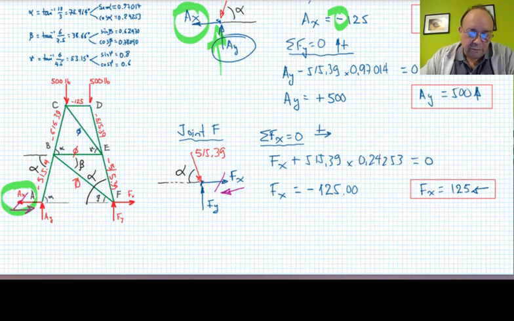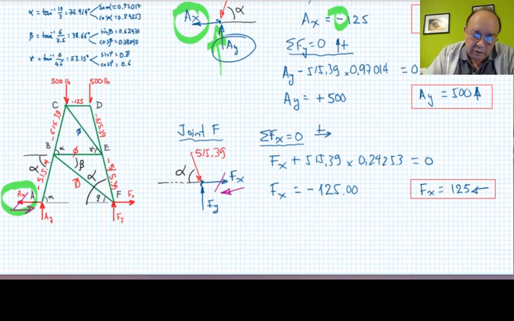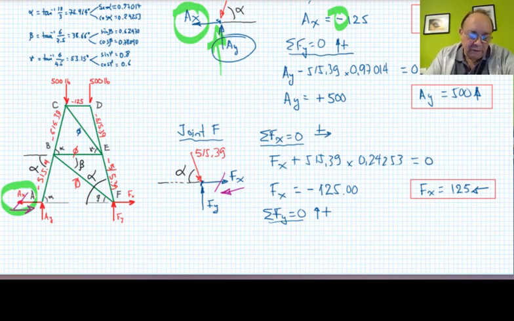And finally, summation of forces in the y direction equals 0. Here I will use positive going up because the unknown is going up. And I will need the sine of alpha, which is 0.97014. This one right here.